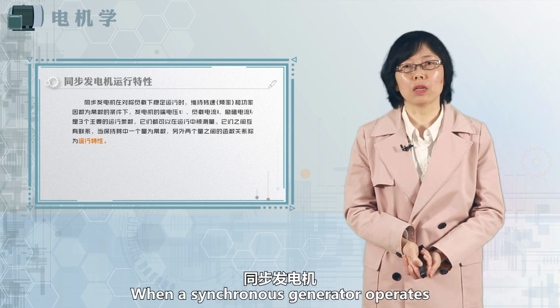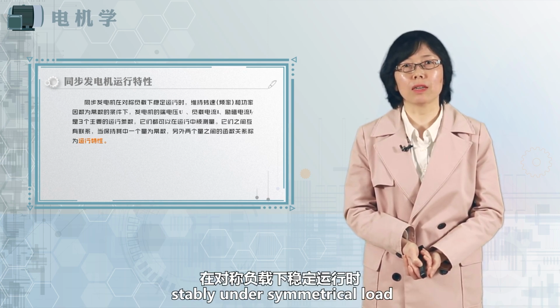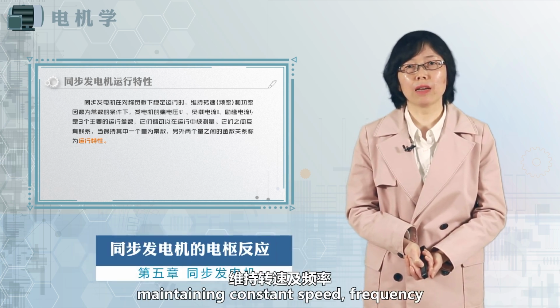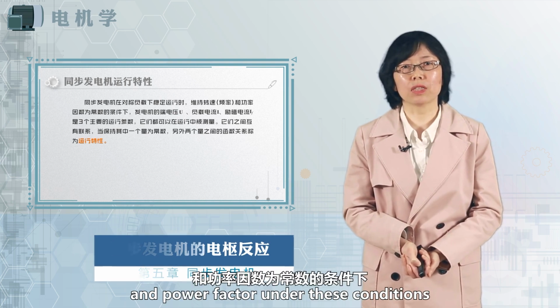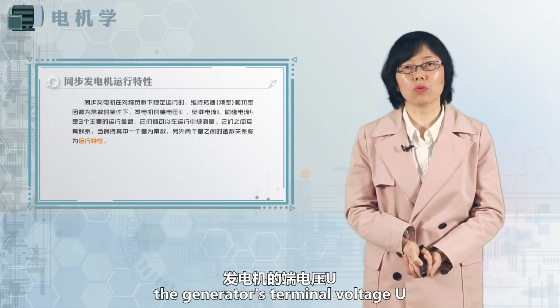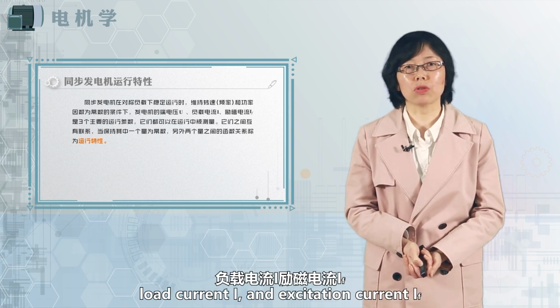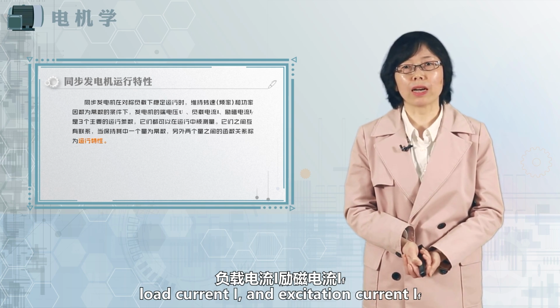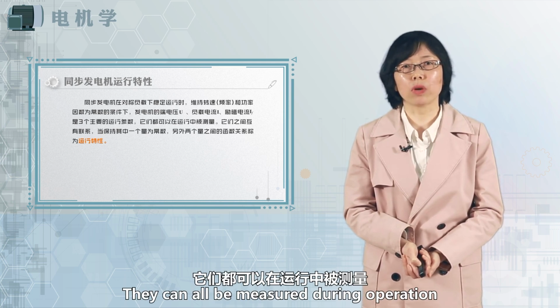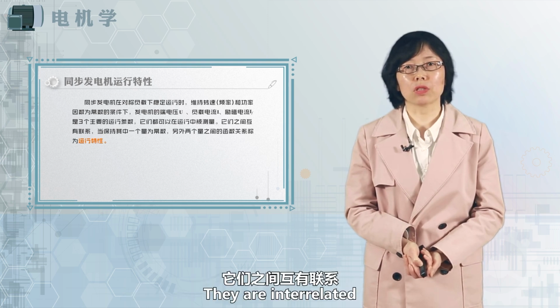When a synchronous generator operates stably under symmetrical load, maintaining constant speed, frequency, and power factor, the generator's terminal voltage U, load current I, and excitation current IF are the three main operating parameters. They could all be measured during operation. They are interrelated.